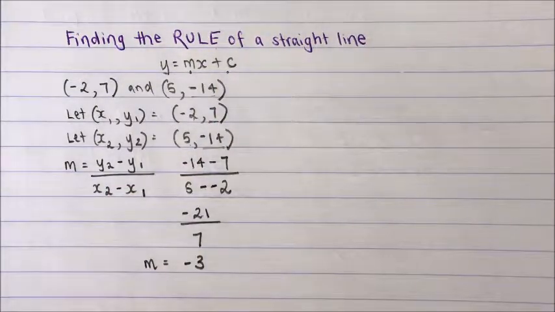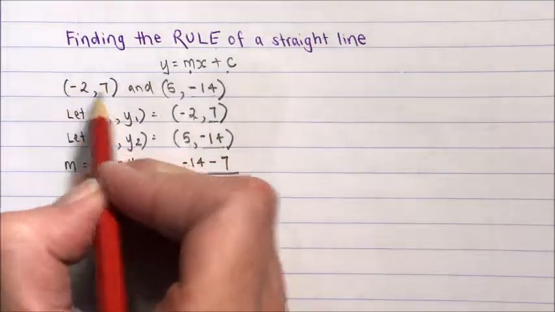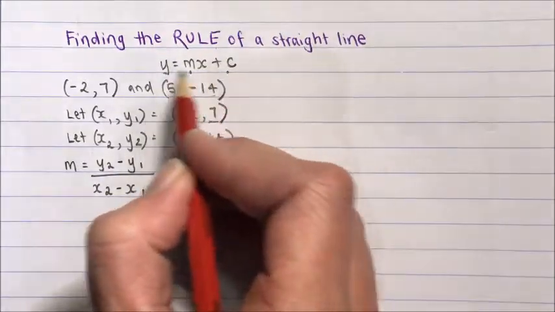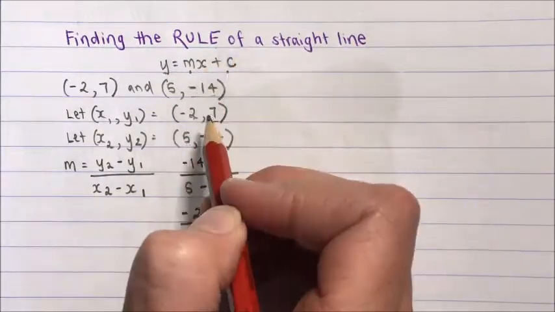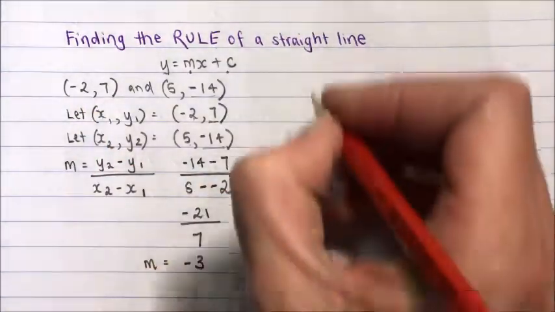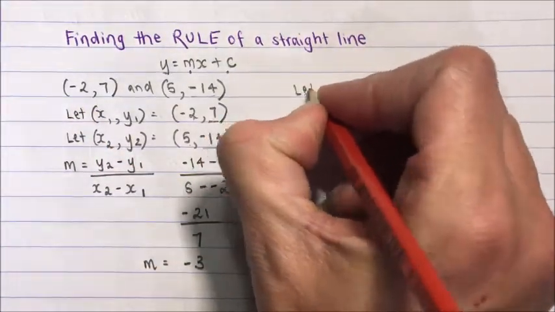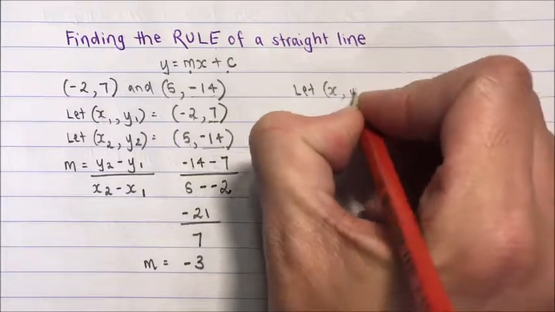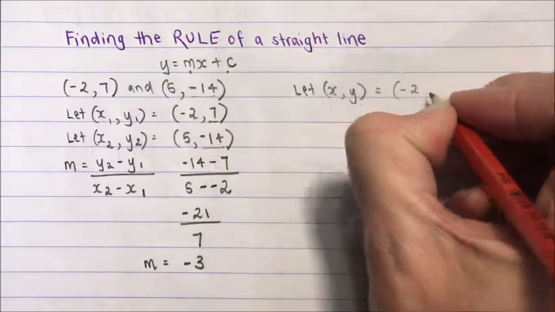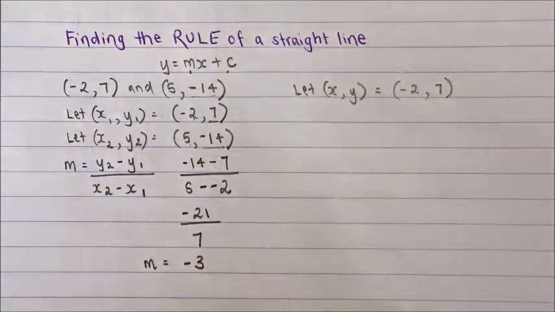That's step 2. So this shouldn't be too hard because we've got 2 sets of coordinates to choose from, and we can just substitute them into this equation to find c. We don't need 2 sets, we really only need 1. So first we're going to say, let the x and y coordinates that we're referring to be (-2, 7).